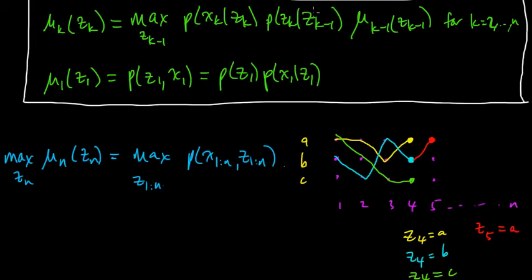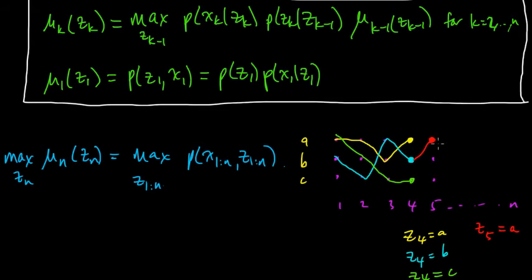That's this part here. And the emission at 5. And from there, we know that a maximizing path that ends at z5 equals a can be obtained by using one of the maximizing paths that ended at some zk minus 1. That's what this is saying.